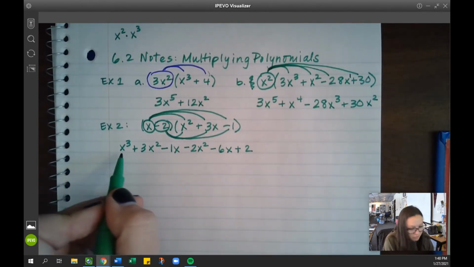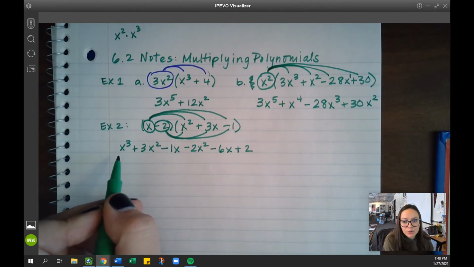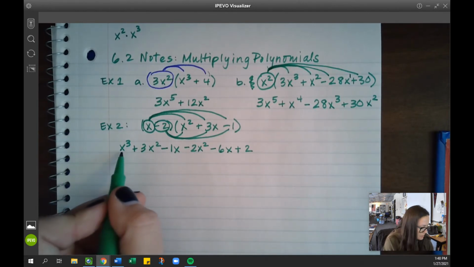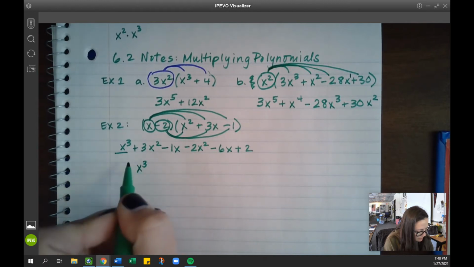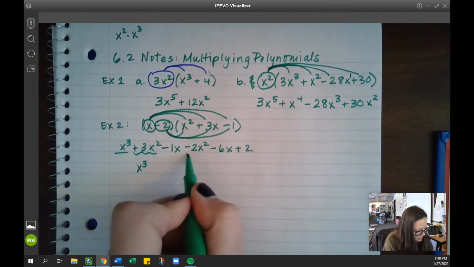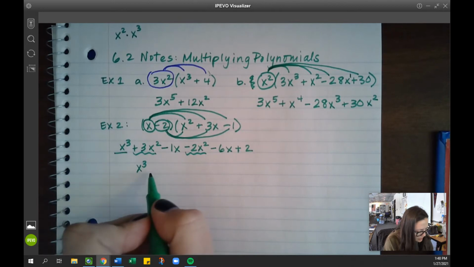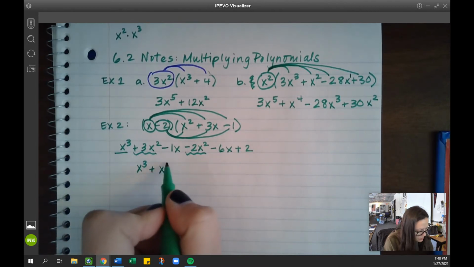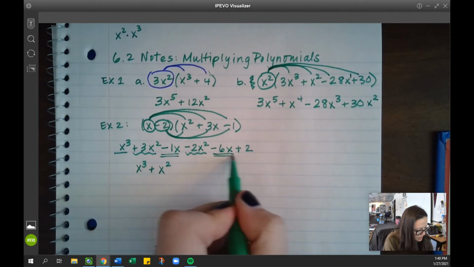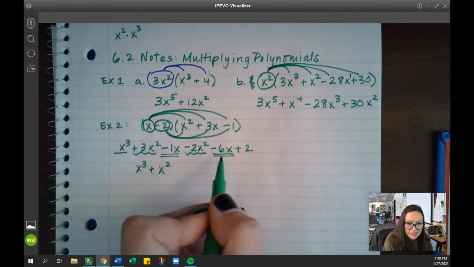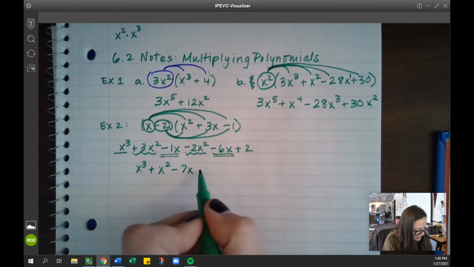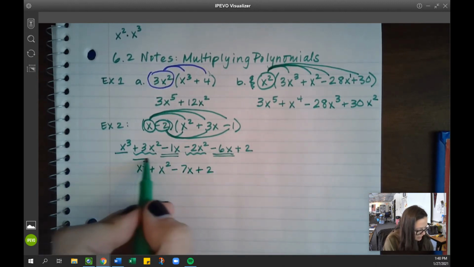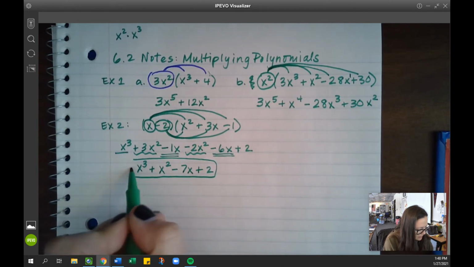So once I have multiplied everything out, then I'm going to go through and combine like terms. So x cubed, nothing to combine with that. 3x squared minus 2x squared is 1x squared. Then I have my x terms, negative 1x and negative 6x is negative 7x, and then that plus 2 on the end. So that would be my final answer there.